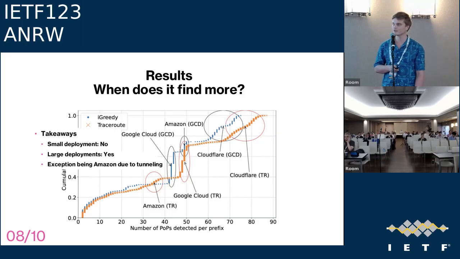But one exception is Amazon. Looking at the traceroute results, we figured out that Amazon does tunneling inside their own network. So from the ingress point of Amazon to the replicated service in their network, if it's more than 3 milliseconds, we cannot detect it with this technique, as it requires it to be within 3 milliseconds for the latency neighborhood.